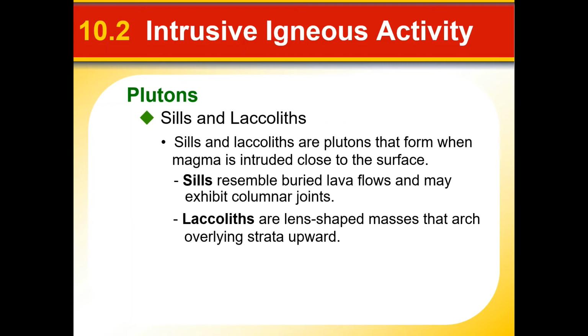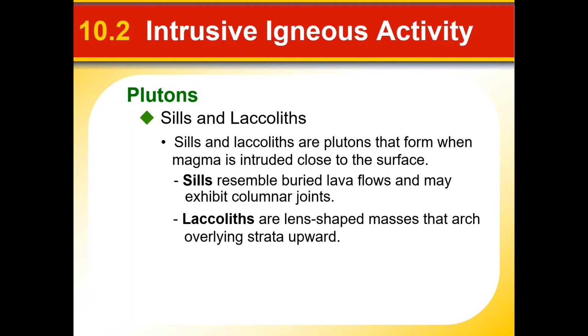And we have the sills and laccolith. These are plutons that were formed when the magma is intruded close to the surface. Your sill resembles buried lava flows and exhibits columnar joints. So they may be mistaken as a sedimentary structure.